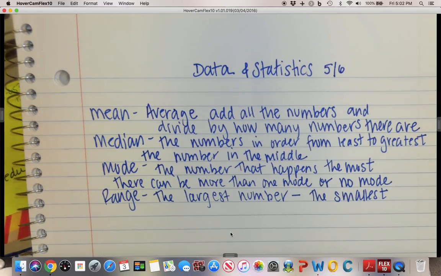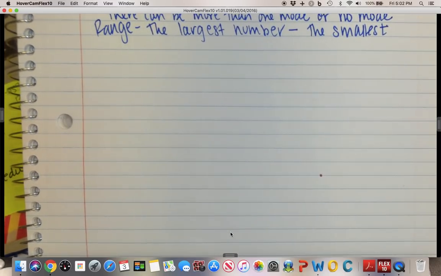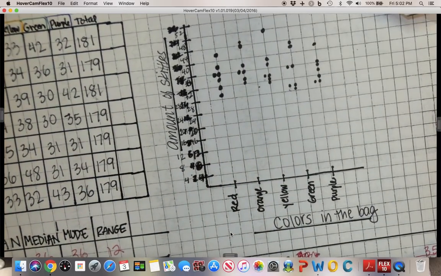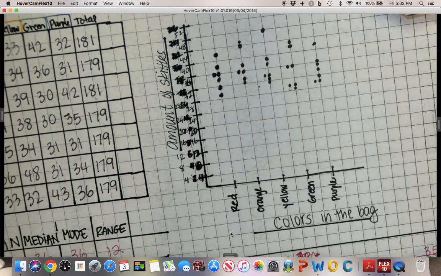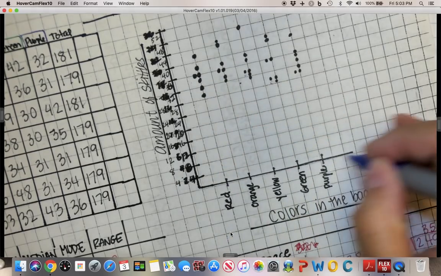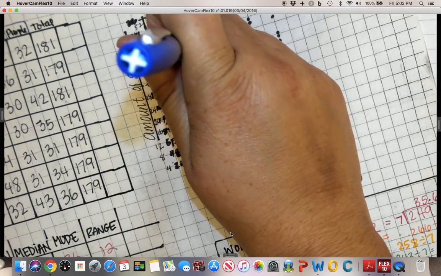Now I'm going to go on and show you what we do with some of that data. If you recall, we made a dot plot or a line plot, and a dot plot is one that has numbers on both sides, and you put a dot for however many that happens.